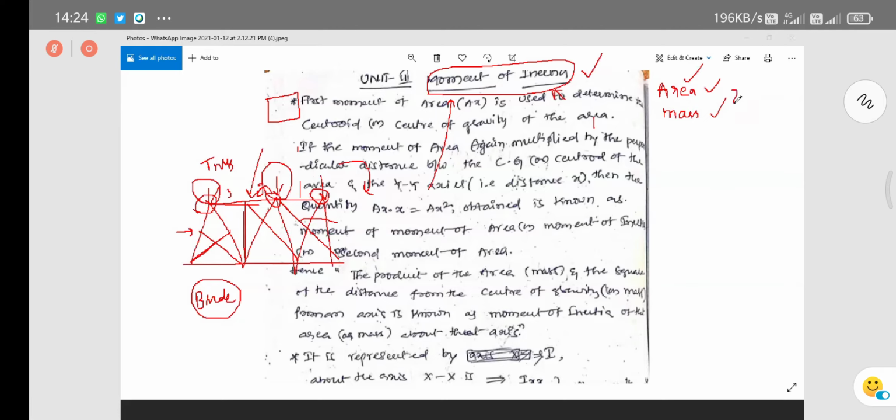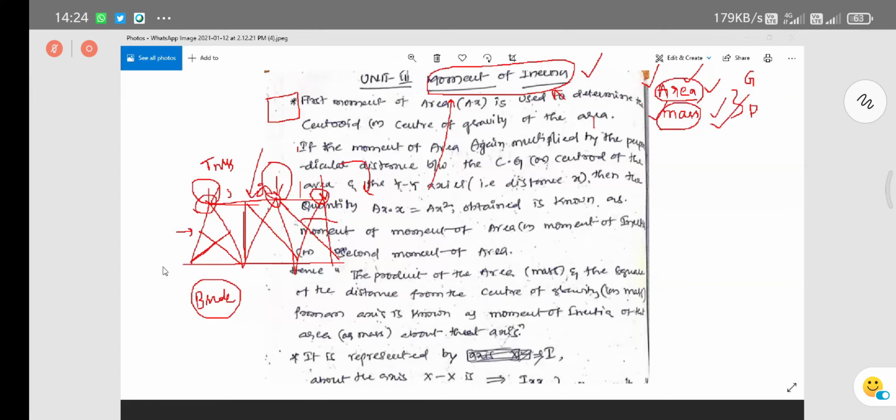Moment of inertia also purely depends upon the area and also the mass. It means geometrical properties of the object and also mass properties, that is physical properties of the object. If it purely depends upon area, we call it area moment of inertia. If it is related to mass, meaning how much quantity is involved, then we calculate mass moment of inertia.